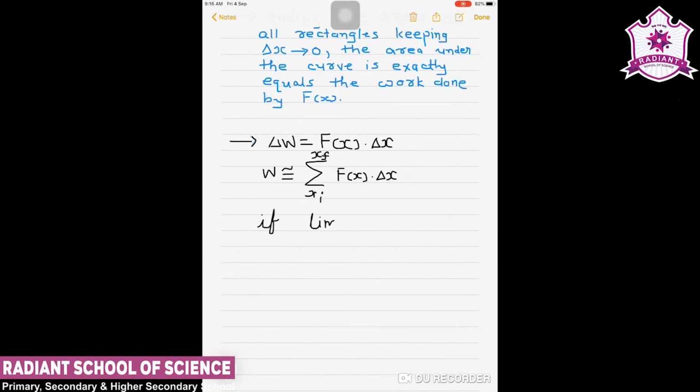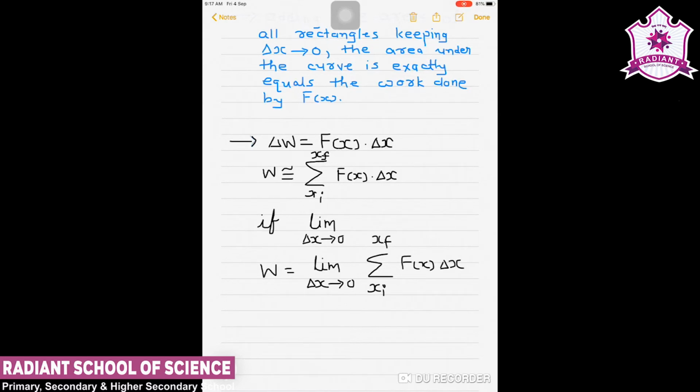Now obviously if we take this delta x very small, if we take the limit delta x tends to 0, then the work done and the sigma sign is converted into the integration, that is W equals limit delta x tends to 0 of sigma from xi to xf of fx delta x.